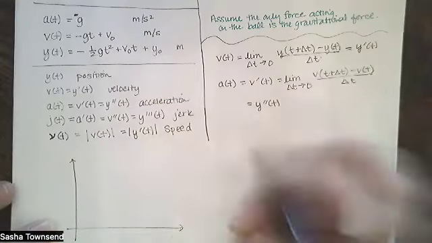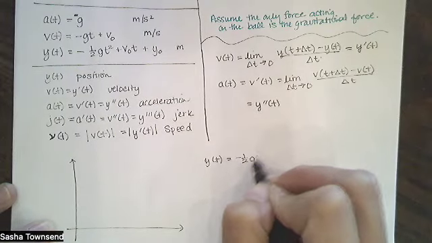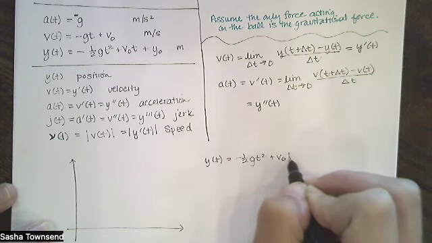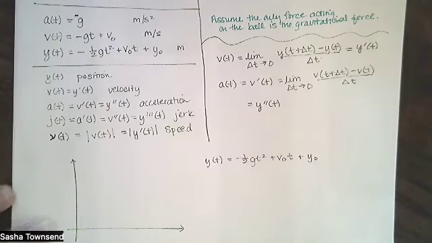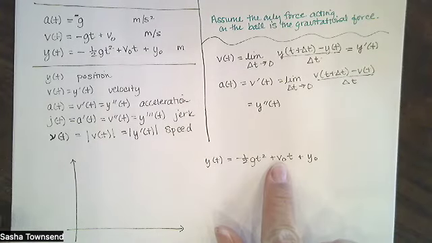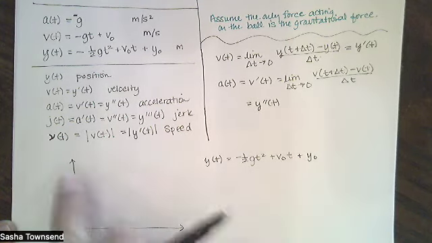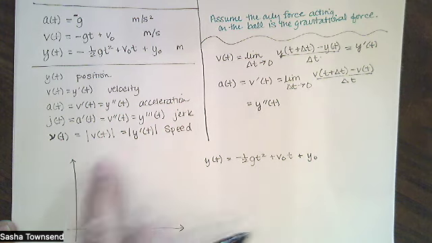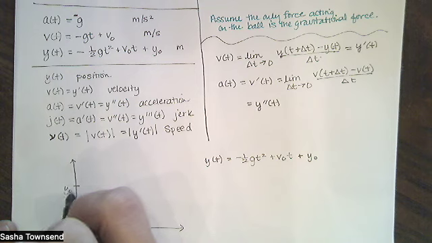Let's look at y of t equals -1/2 g t squared plus v naught times t plus y naught. If v naught is non-zero, then the maximum value on your parabola is going to be some point to the right of where you started. So let's say at some time t equals 0, you're at some initial height y naught.